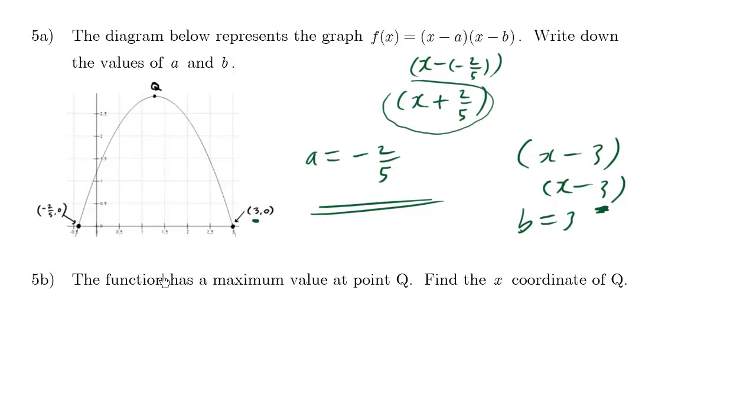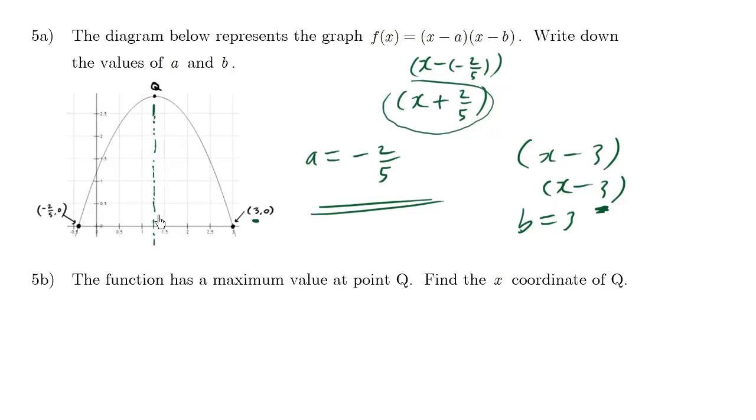Part 5b. The function has a maximum point, Q. Find the x-coordinate. As you can see here, the x-coordinate of this point Q is simply the coordinate that is halfway between. These parabolas are well balanced, they're symmetrical, and this axis of symmetry is found by taking the higher x value minus the smaller x value, dividing it by 2 to find the distance between the 2 points, and adding it to the original value.